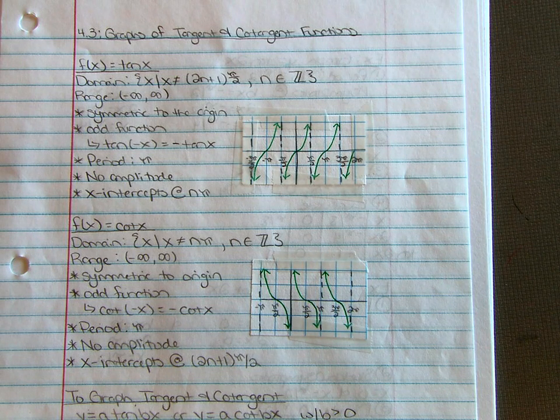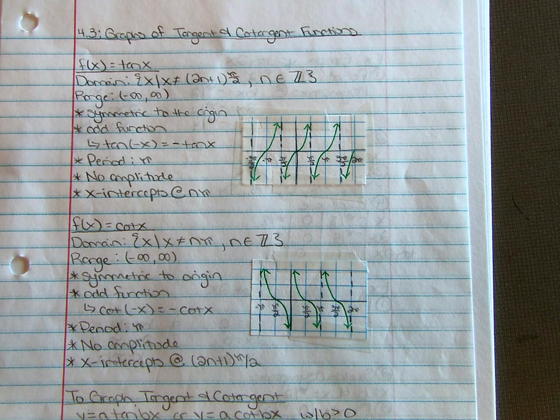It's not going to have a value at the pi over 2's. So any multiple of pi over 2, we're going to have an asymptote there that our graph is going to hug, not cross. The range in this case is going to go from negative infinity to positive infinity. If you look at the graph, it shoots up forever and it goes down forever. So everything is covered in the tangent and cotangents.